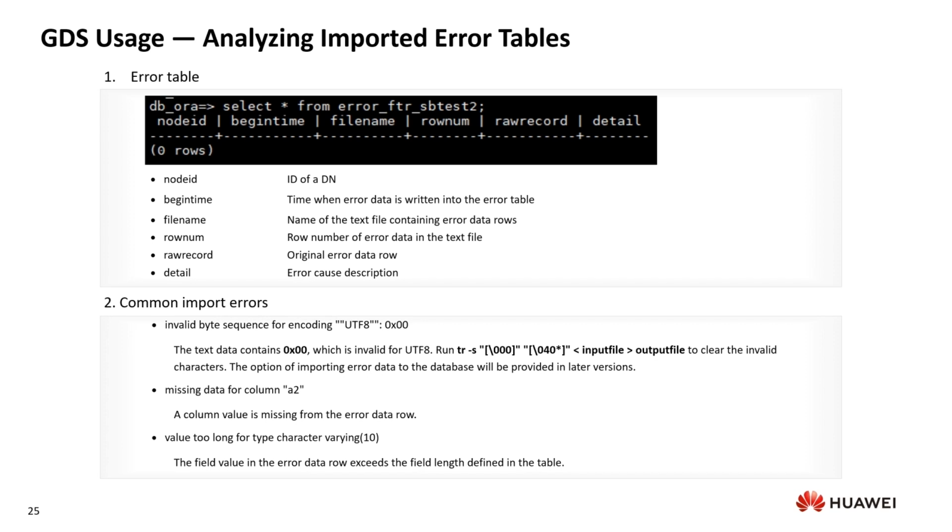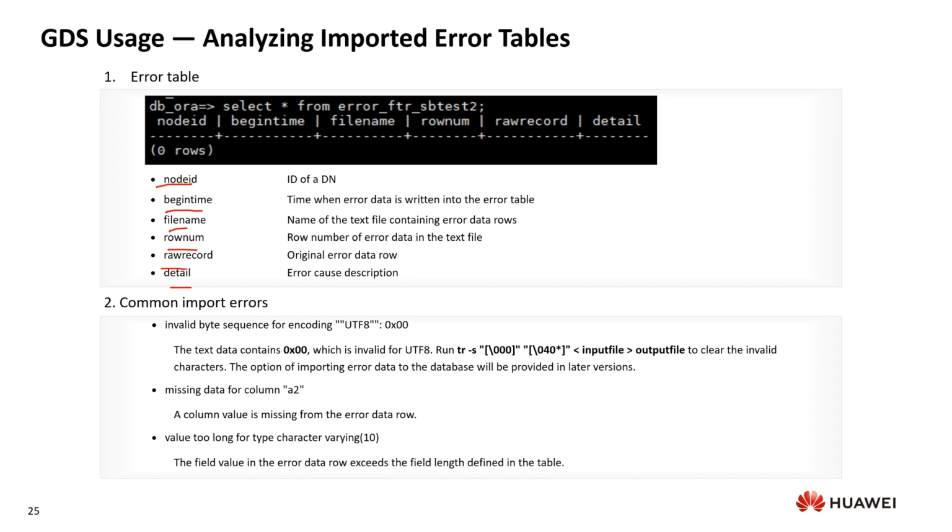It includes the node ID, which is the ID of a data node, the time when error data is read into the error table, the name of the text file containing the error data row, the row number of the error data in the text file, the raw record of the error data, and the error cause.